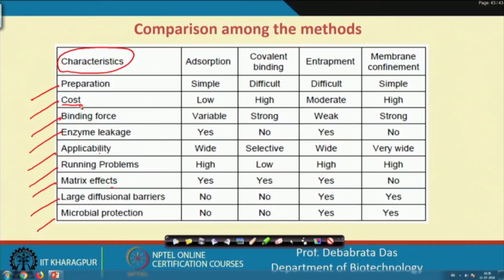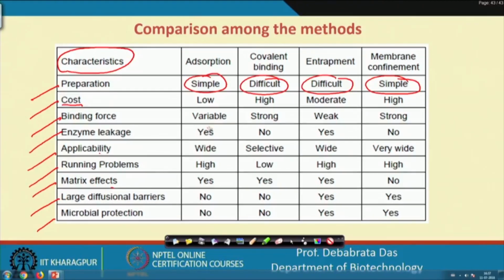So a question comes, I want to take 2-3 instances. Suppose preparation, if you look at that, adsorption is very simple and covalent is very difficult, and entrapment is also difficult, and membrane confinement is also simple. Now if we want the very simple technique, we have 2 choices, either we should go for adsorption or membrane confinement.